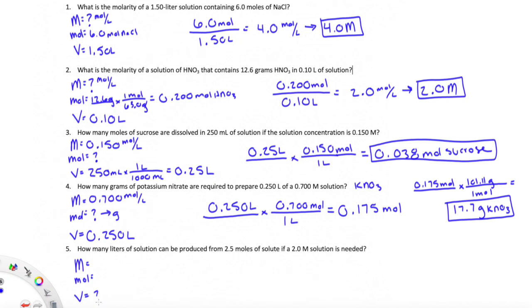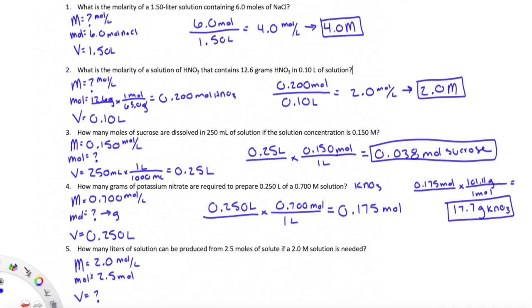So volume is going to be my question mark. I know that I have 2.5 moles, and my goal is to end up with a solution that has a 2.0 molar concentration, so 2.0 moles per liter.